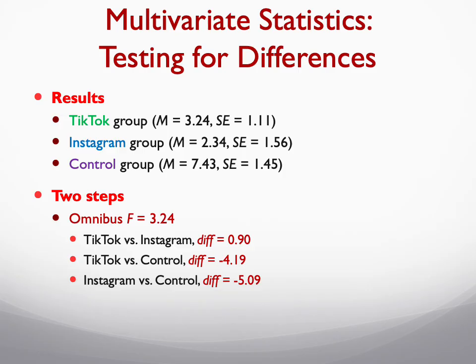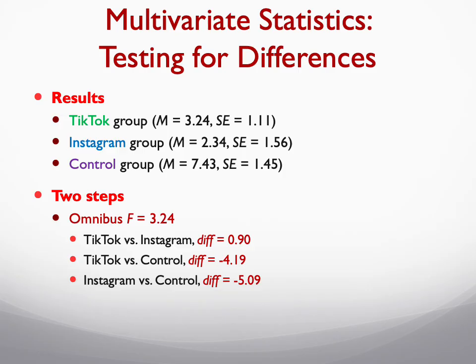So in this case, we can see the difference between TikTok and Instagram is much smaller than the difference between our control group and TikTok and our control group and Instagram. We see a difference of about 0.9 between the 2 social media groups, and then a difference of 4 and 5 for those 2 relative to the control groups, the social media versus control.